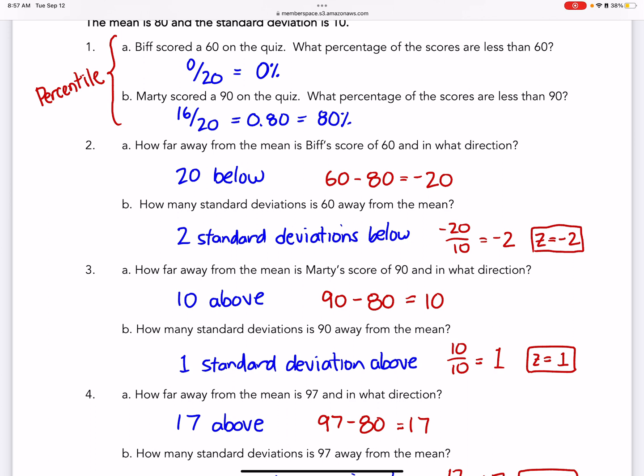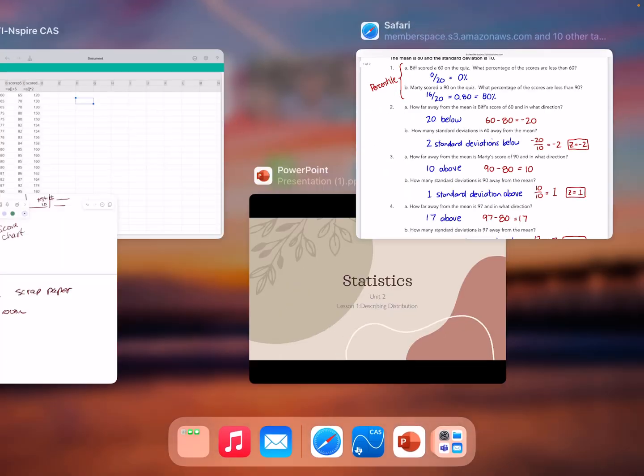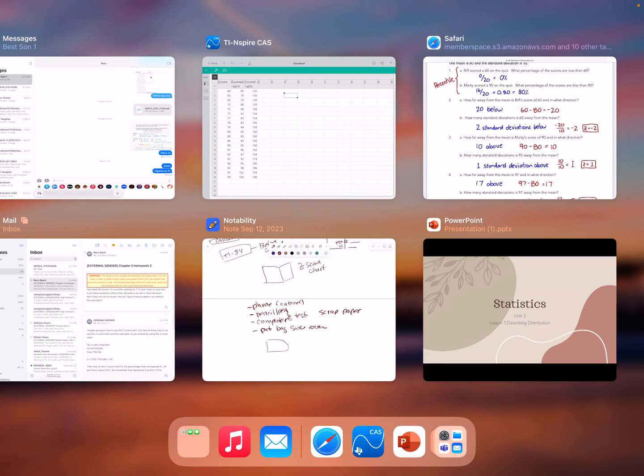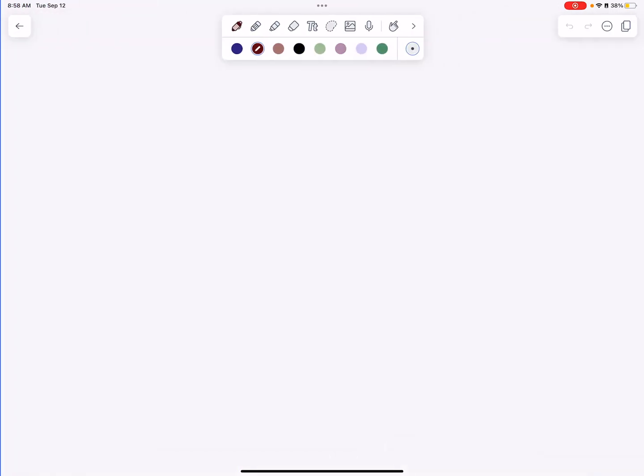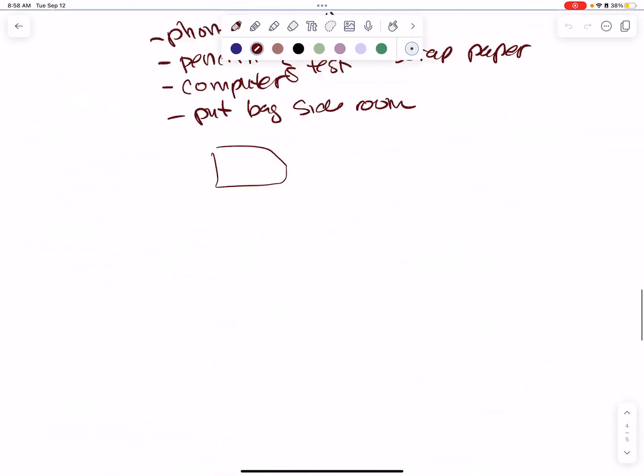Z-scores are available in order to compare your data. Because, for instance, you don't know how you did on your SAT test. You don't know how you did on your ACT test. So let me just show you one quick example here.